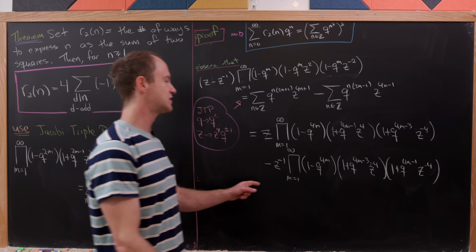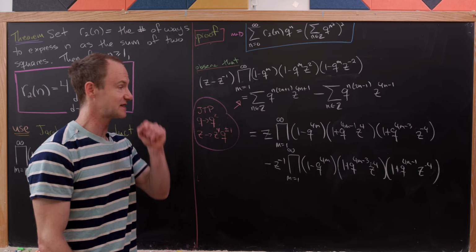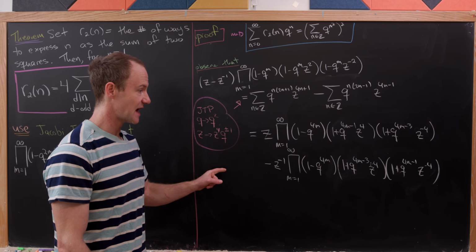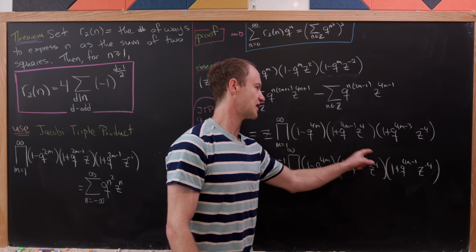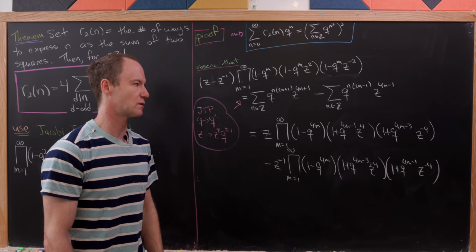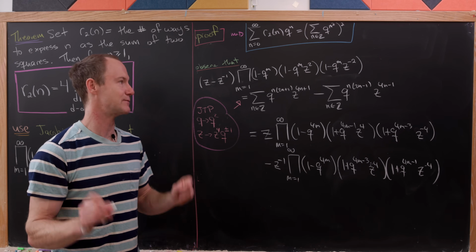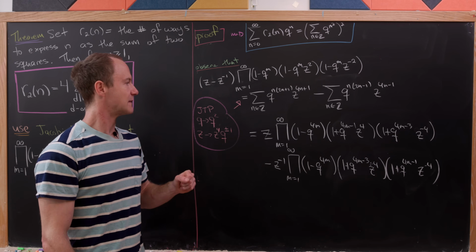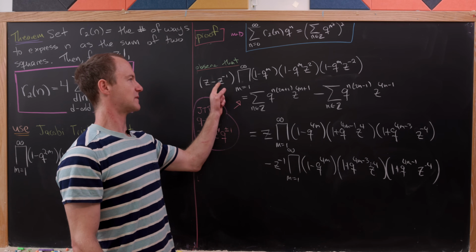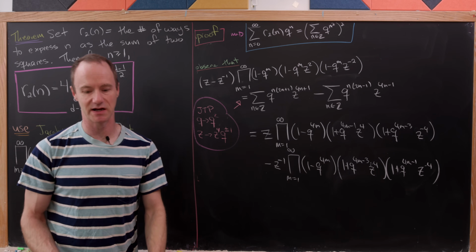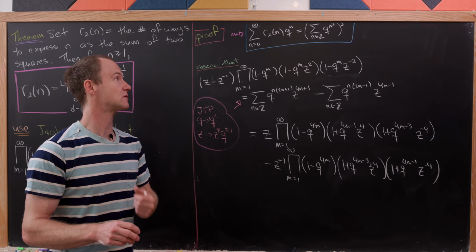So notice these two products look really, really similar, except this kind of switch in the roles of 4m minus 1 and 4m minus 3 type terms. Okay, so this is important enough from this first line to this last line to start a whole new board with that, so let's do that.